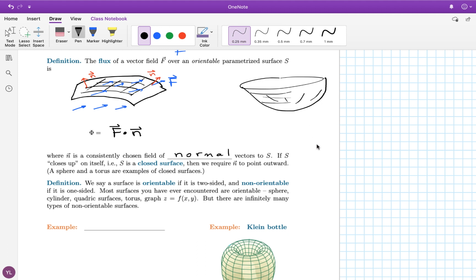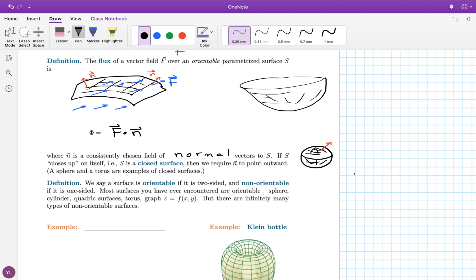And then there are other surfaces which are pretty good for our purposes, like closed surfaces. So take a sphere, the surface of a sphere. A sphere has exactly 2 sides as well, because it's got the side that points out and the side that points in. So you could imagine attaching to every point of a sphere a normal that sticks outward, or you could imagine to every point on the surface of the sphere attaching a normal that points inward towards the center, right?